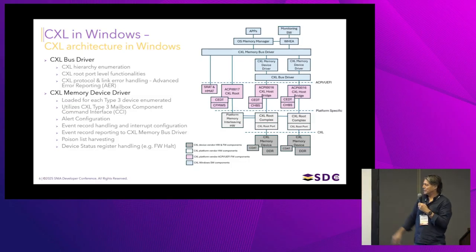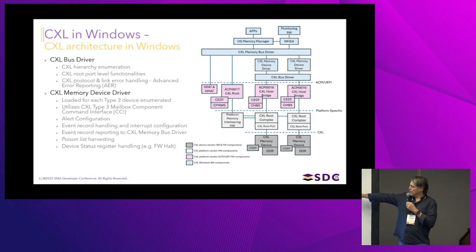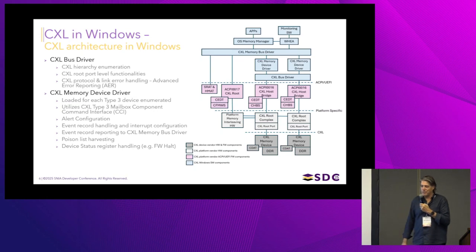We start with the CXL bus driver. It's going to enumerate the PCI CXL hierarchy underneath. It handles root port level functionality, and link and protocol error handling is all handled through the bus driver. It surfaces physical device objects for each of the memory devices that it finds in the hierarchy, and then we load a separate instance of the CXL memory device driver on top of that.